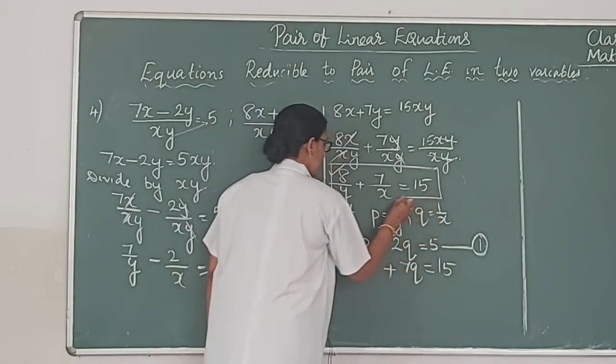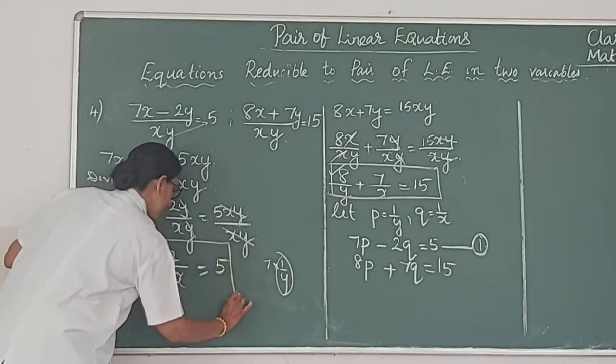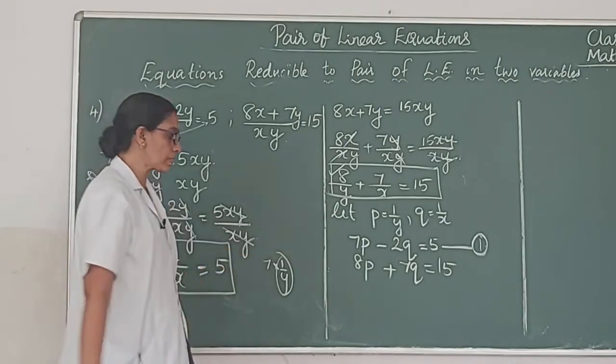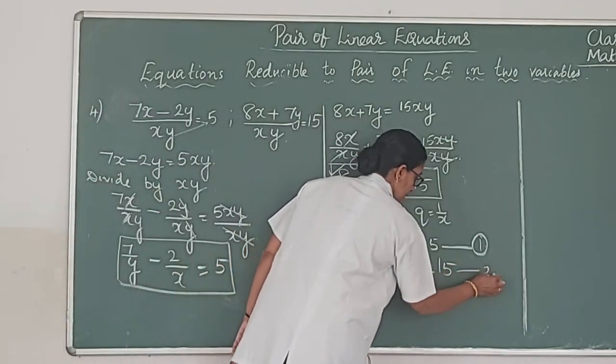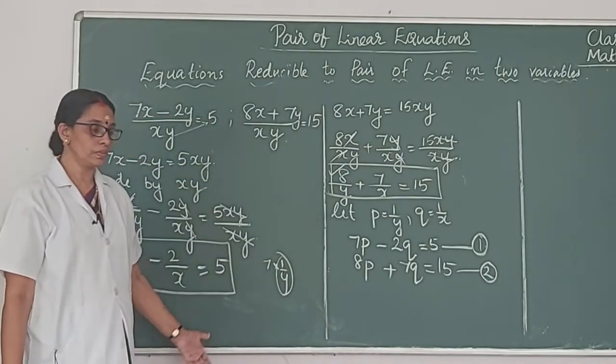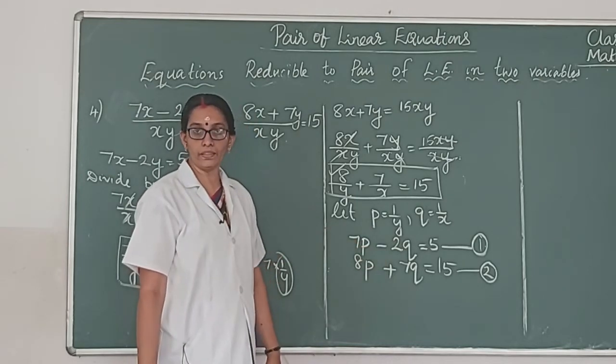These are the two equations we are getting. We changed these equations into linear equations by giving substitution. This is the second equation. Now apply any method to get the values of P and Q.